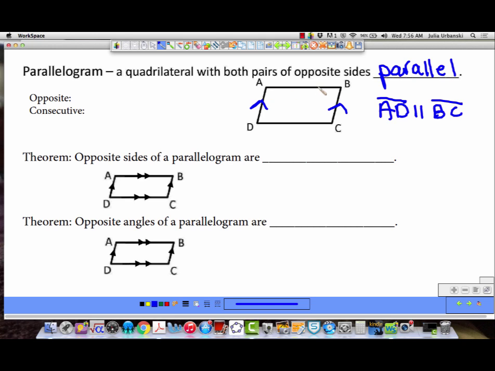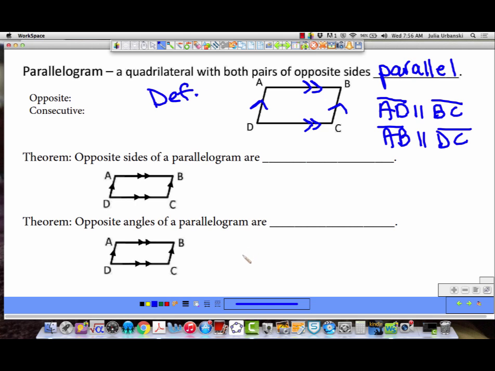But it also has to be true that AB is parallel to which one? Yeah, and notice that those have matching arrows, but different from AD and BC. So AB is parallel to DC. That's what makes a parallelogram a parallelogram: the opposite sides are parallel. Now there are other things that are true, but this is the definition.